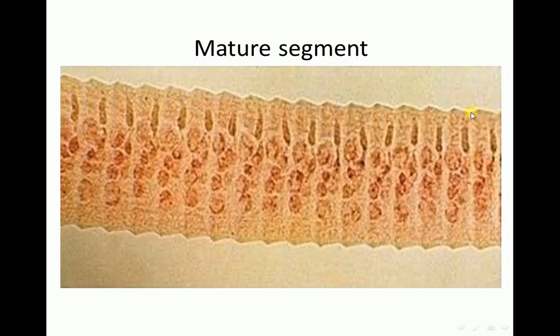We said every mature segment is provided with a complete set of male and female genital organs. 3 testes, first one, second and third one, and this structure is the ovary. Common genital duct leads to common genital pore.